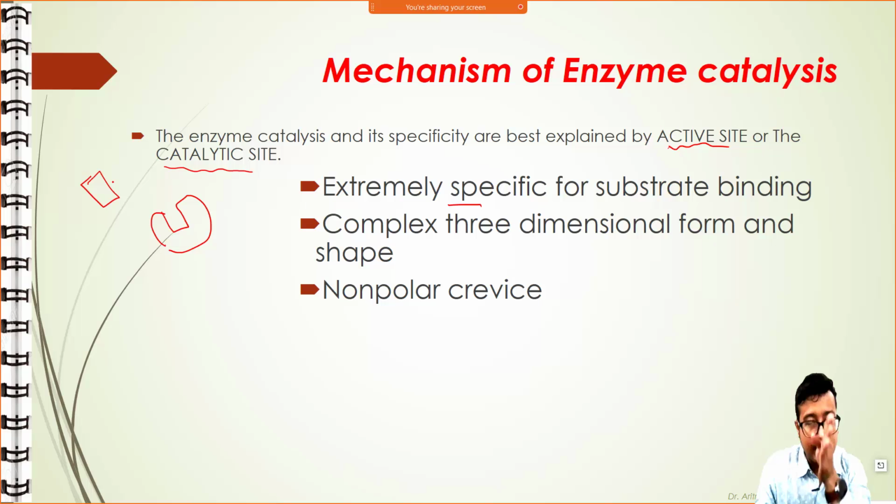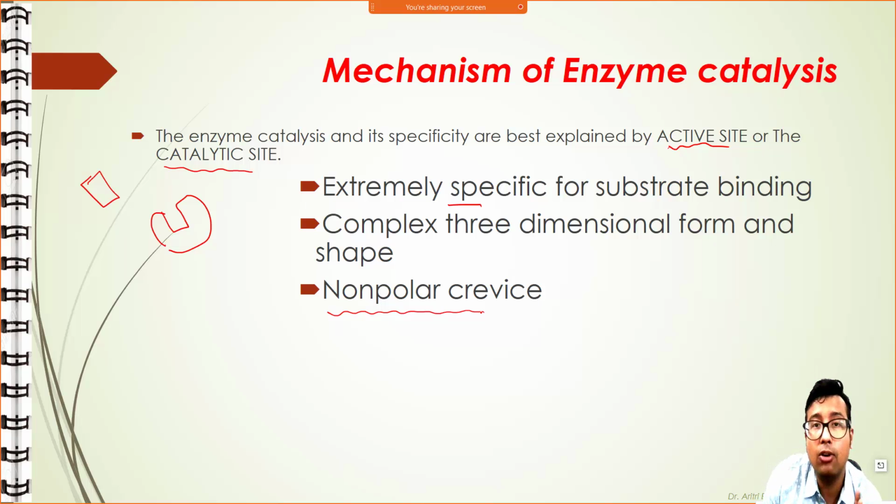That crevice is actually occupied by a substrate which is non-polar. There is no electrostatic interaction. The substrate can come and bind only when the reaction is about to complete.